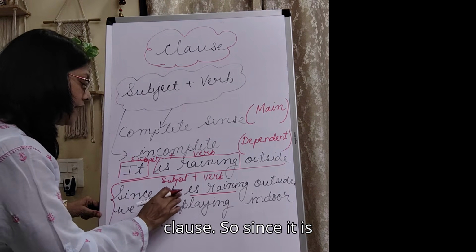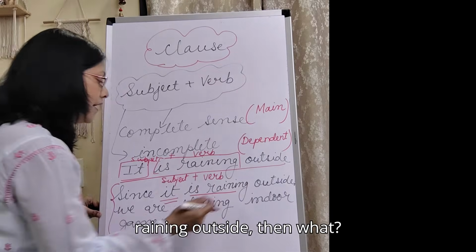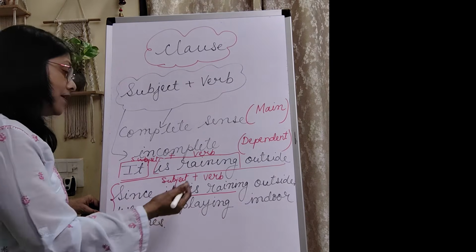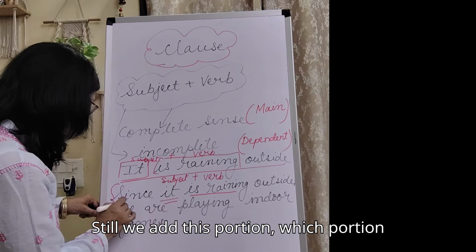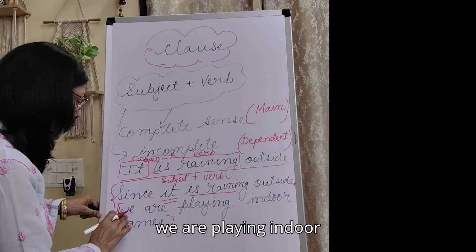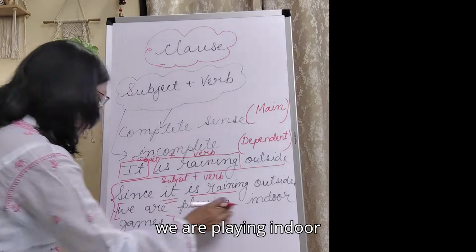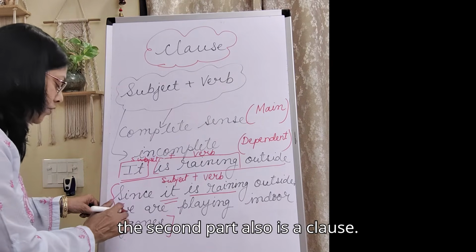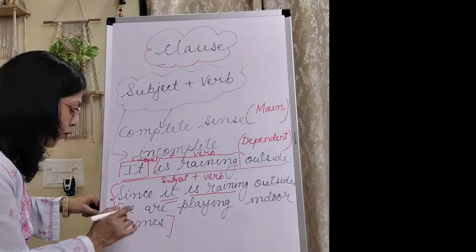So, since it is raining outside, then what? This seems incomplete, isn't it? So we add this portion. Which portion? We are playing indoor games. Here again, the second part also is a clause. Why?